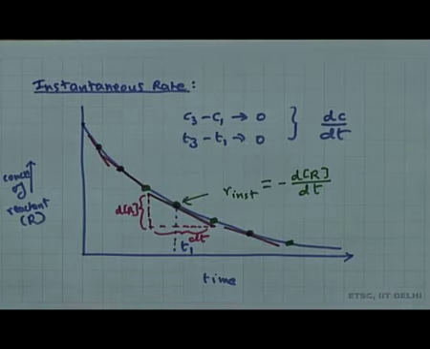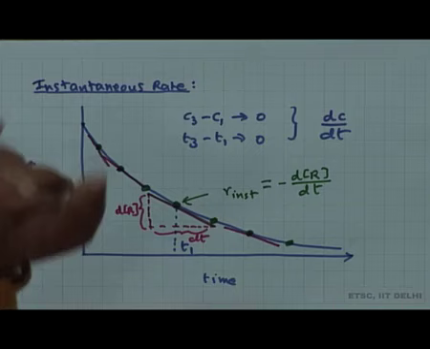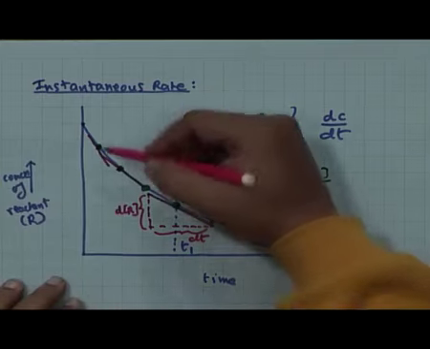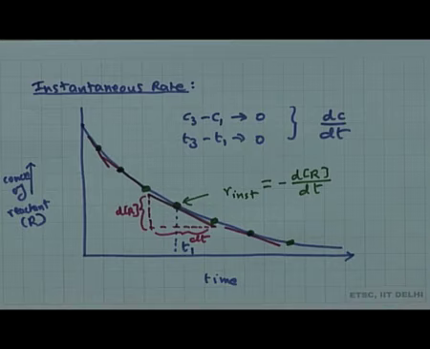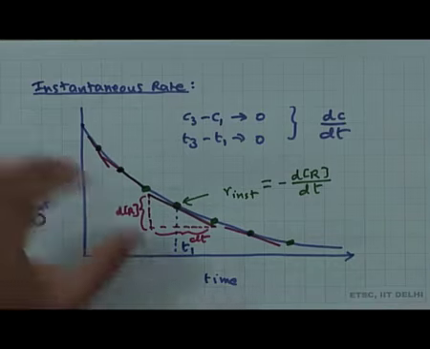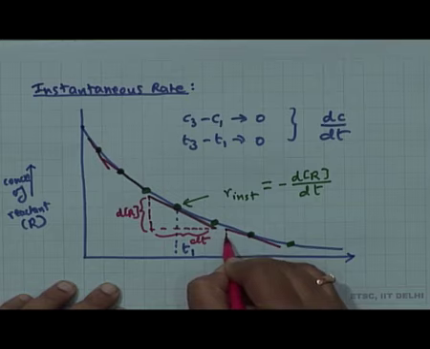Wherever at that instant you want the rate, you draw the tangent at that point and then take the slope of the tangent.